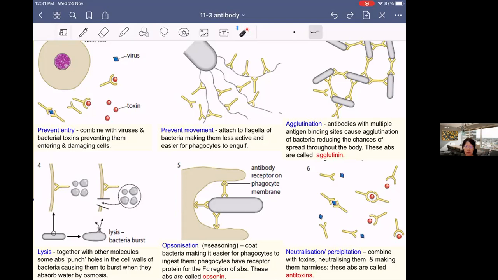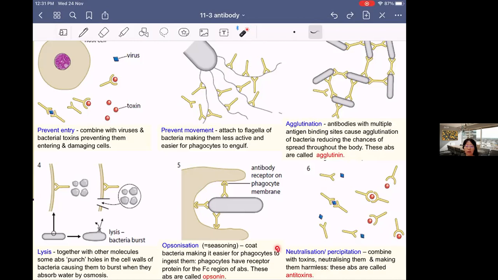So this is called precipitation, because when you talk about chemical reaction, a lot of reaction, you need the substrate to be in aqueous form, right? So now after binding to antibody, the substrate becomes solid form, so it cannot act anymore. Like for example, inhibit our enzyme, it cannot act anymore, so it is harmless to our body.